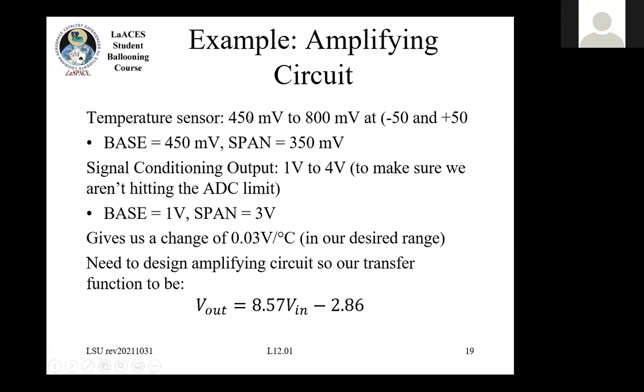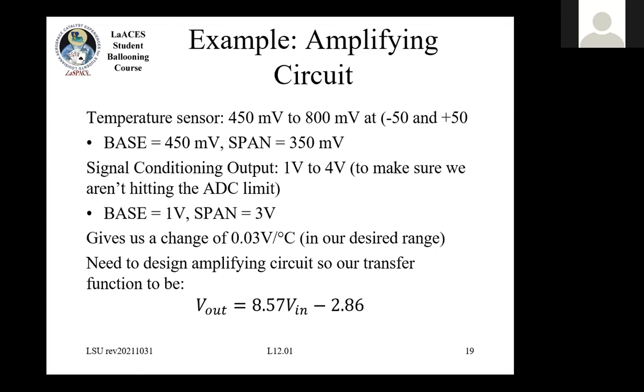So I want it at 450 millivolts to output 1 volt and at 800 millivolts to output 4 volts. Now you may ask, why didn't I go all the way 0 to 5? Well, I probably don't want to go all the way to the ends unless I need it, because I want to make sure that I'm a little bit clear of those limits, especially if I'm going to have to go back and adjust. So in this case, that has a base of 1 and a span of 3 volts.